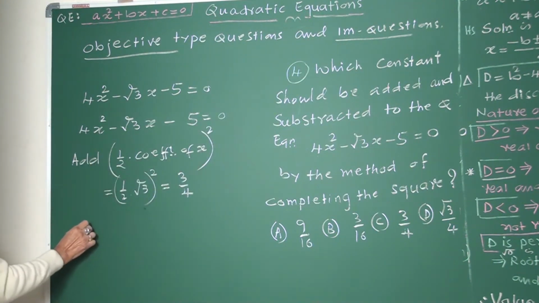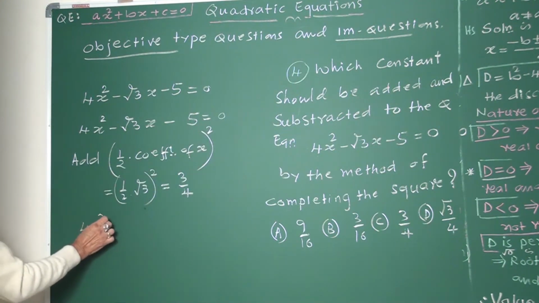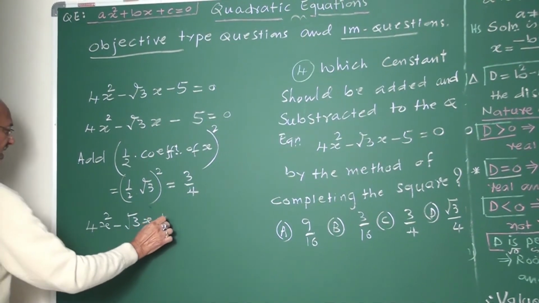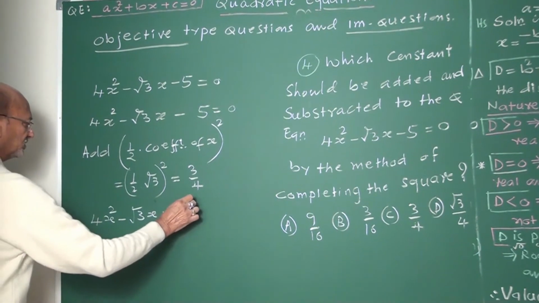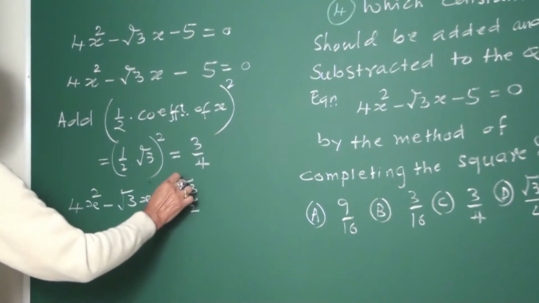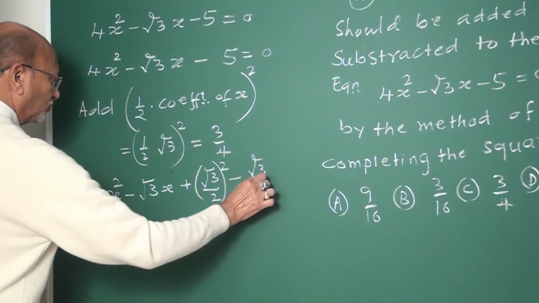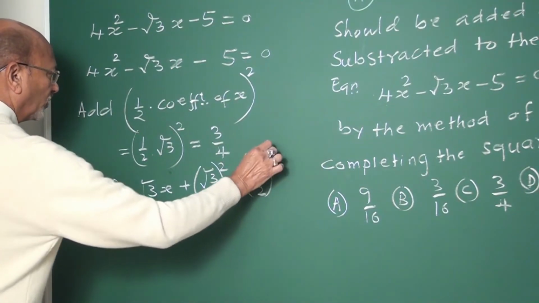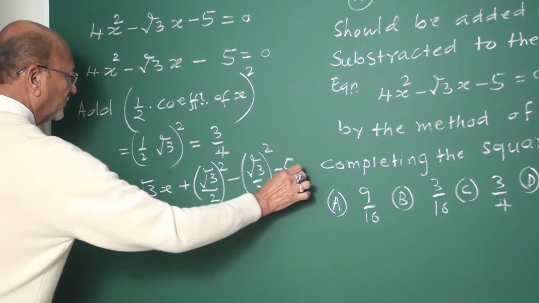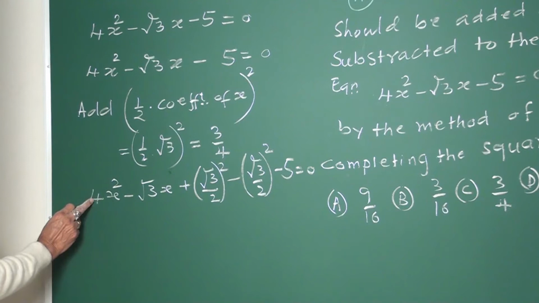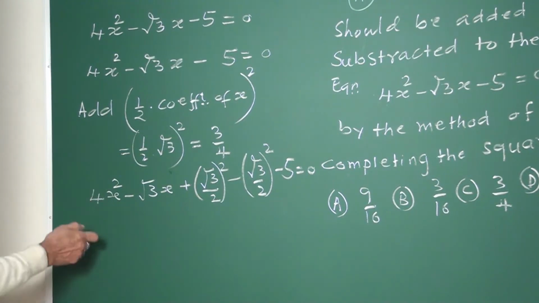See here, this is 4x squared minus root 3 into x. You have to add this, my friend. What is this? This is root 3 by 2 the whole square. Subtract the same, root 3 by 2 the whole square. This minus 5 is there. Now, what is this? It is 2x whole square.